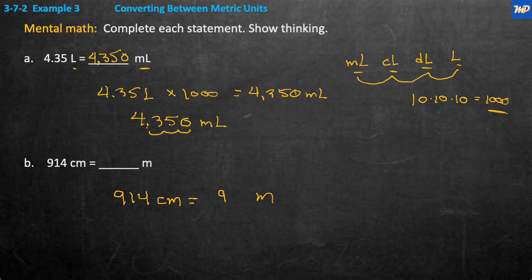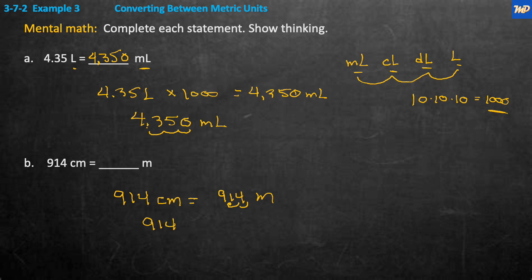Just to show you, I can write 914 right here, and my decimal point was here, and I'm going to move it 2 places to the left. Okay, so that means 914 centimeters is equivalent to 9.14 meters.